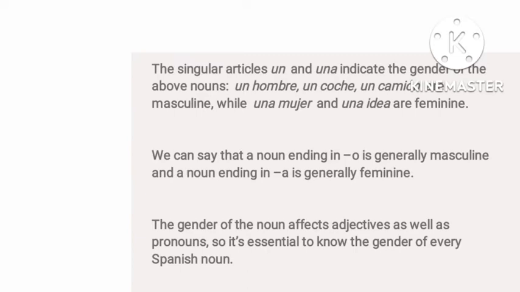Un hombre, un coche, un camión are masculine, while una mujer and una idea are feminine. We can say that a noun ending in o is generally masculine, and a noun ending in a is generally feminine.